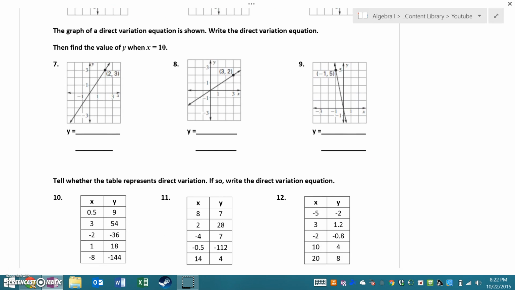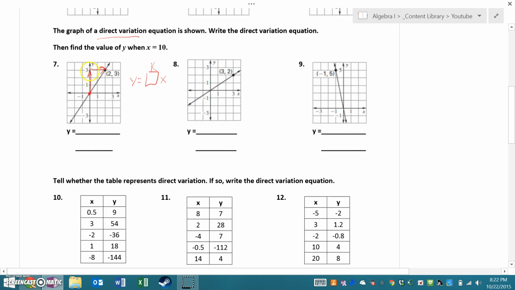So for number 7 here, the graph of a direct variation equation is shown. Direct variation, y-intercept is 0, 0. Write the direct variation equation. Very simply, you're being asked to come up with what the constant of variation, or the slope, is going to be here. Knowing that I have 0, 0 as a point, I can just measure over to this point that they've given.